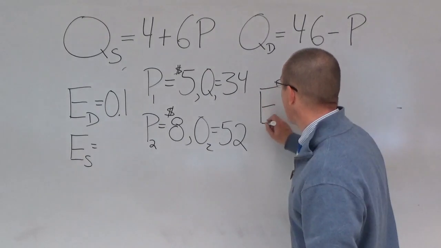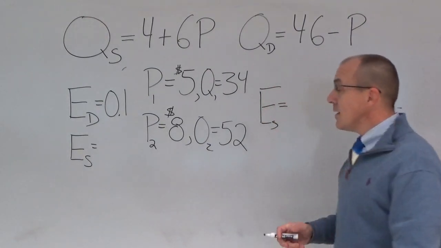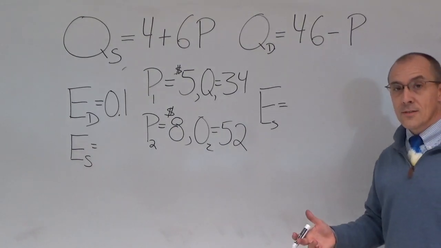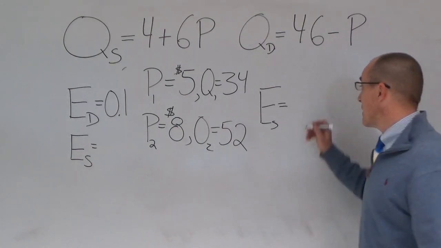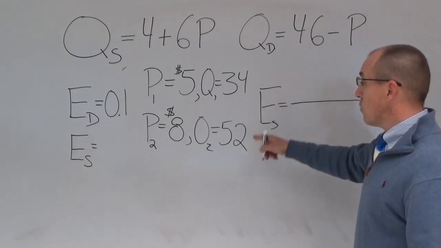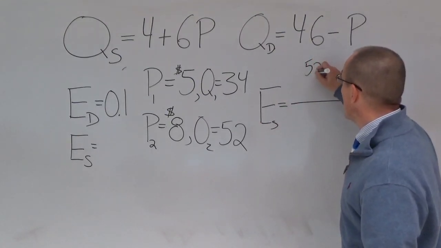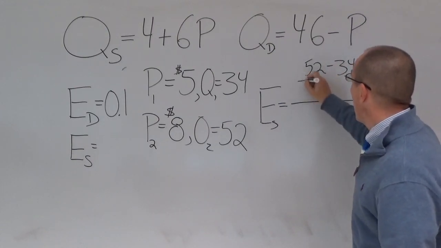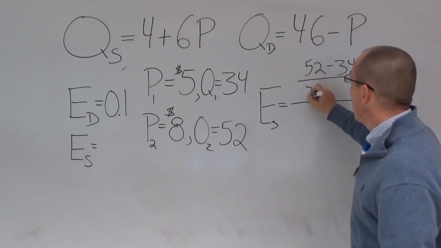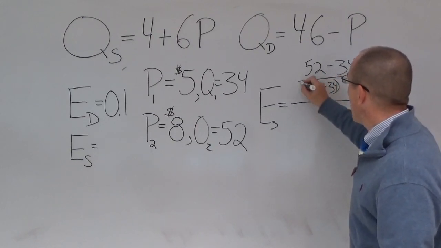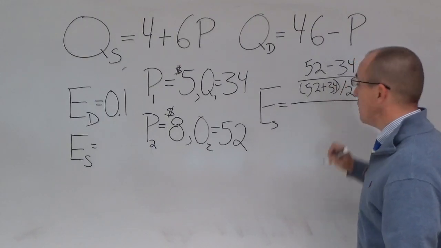So my elasticity this time of supply, and I will use basically the same somewhat laborious process of calculating out my elasticity. Right? We will start off with quantity 2, 52, subtract 34, all divided by 52 plus 34 in brackets divided by 2.